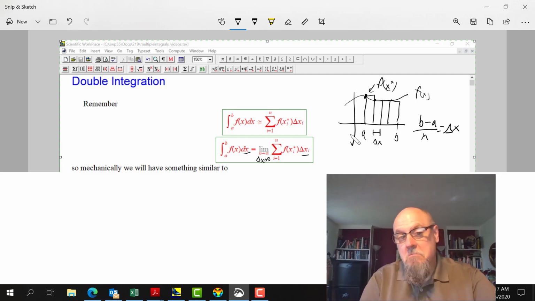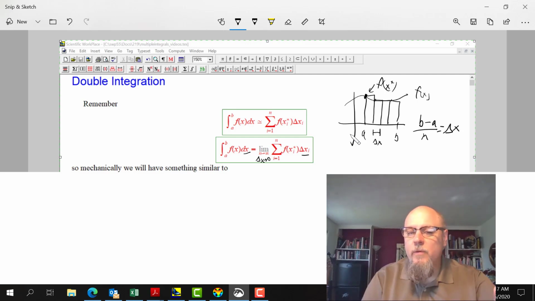Now, in double integration, multivariable calculus, we're going to have two dimensions, an x and a y. Before we jump in there, though, this was area. And if you think about it, let's say we measure height in meters. So the y value was measured in meters, and this x value was measured in meters. When we get the area, it's meters squared.